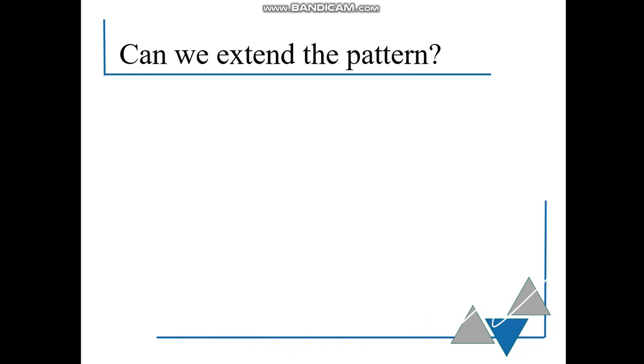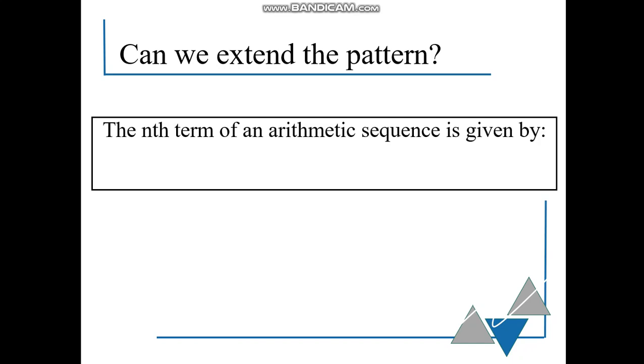So if we extend this pattern so it works for any n, it's going to look like this. Remember, n, the nth term, that's the place that number is in the list. So if I want the 100th term, then my n is going to equal 100. If I want the 20th term, n is equal to 20. So that's where it is in the list.